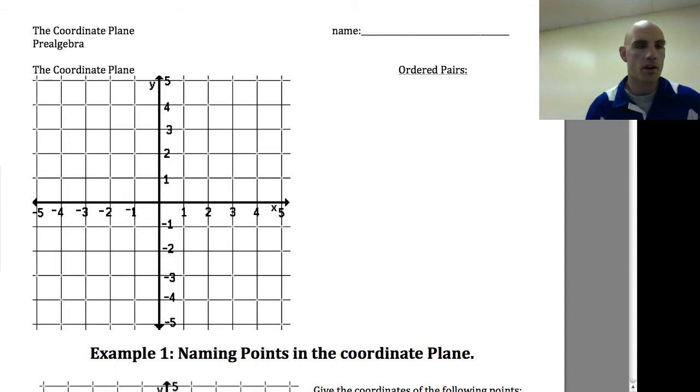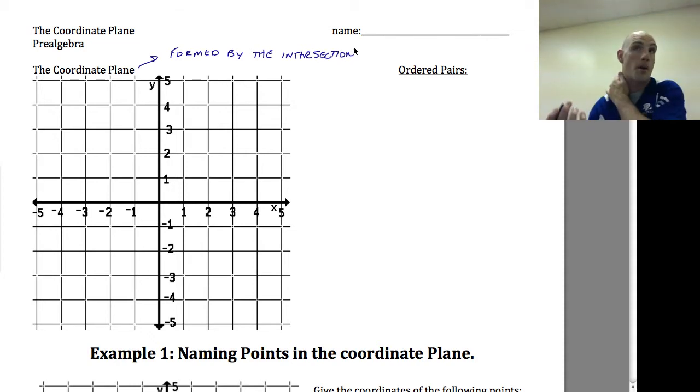Notice, the coordinate plane has two main parts, and the coordinate plane is formed by the intersection of two number lines.